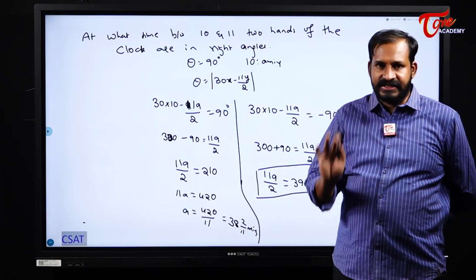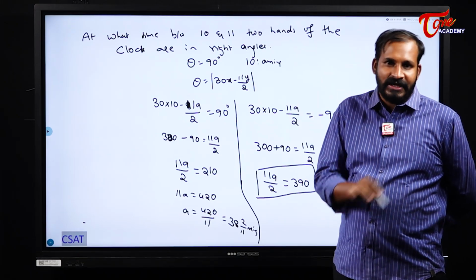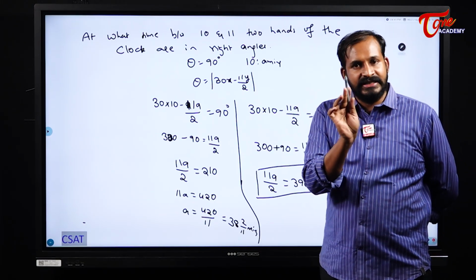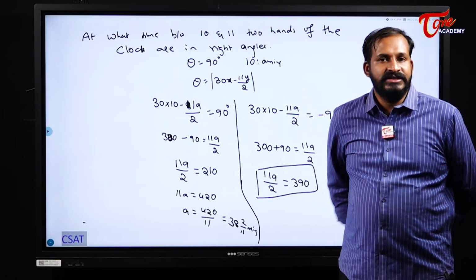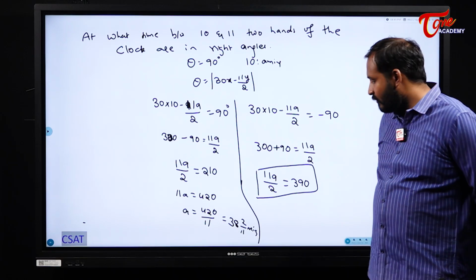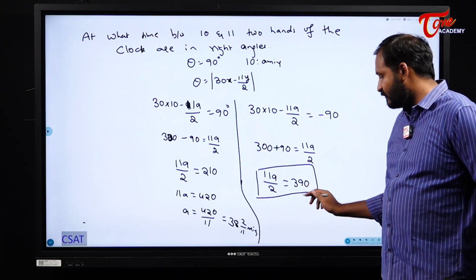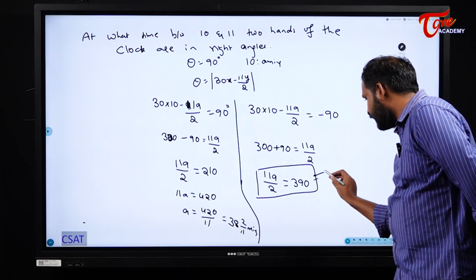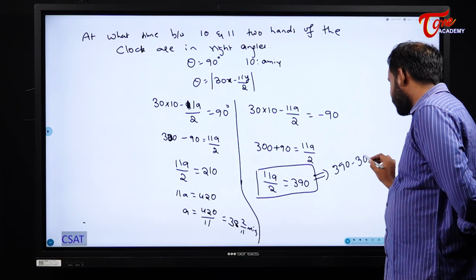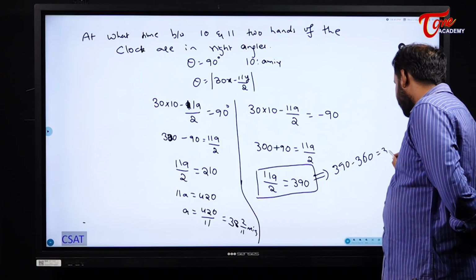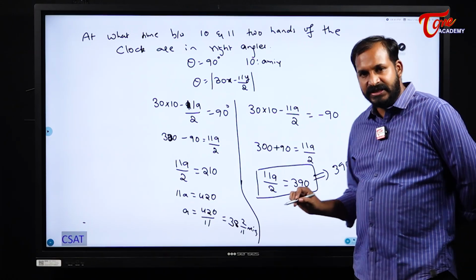One complete rotation is 360. If it moves 360 degrees, it comes to the same position once again, and from there it moves 30 degrees. So whenever you see this type of value, I will write 390 minus 360, that is 30 degrees. So always be careful.